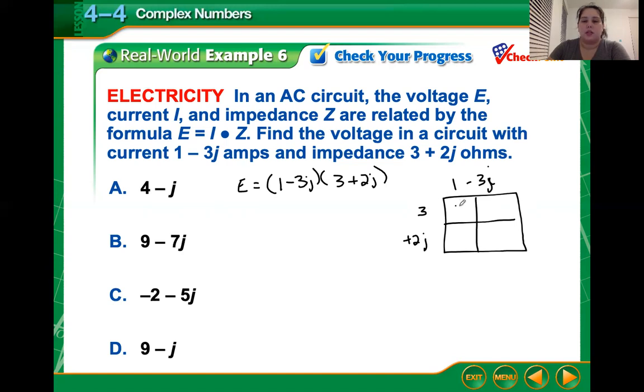So 3 times 1 is 3. 3 times negative 3J is negative 9J. 1 times 2J is 2J. 2J times negative 3J is negative 6J squared. So we combine like terms, we have 3, and then we're going to add 2J and negative 9J to get negative 7J minus 6J squared.